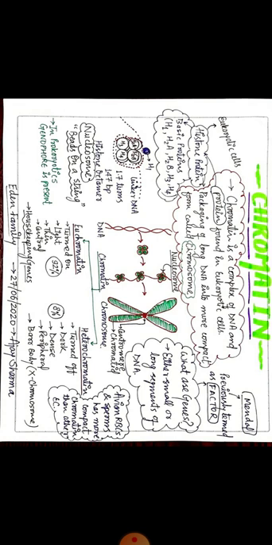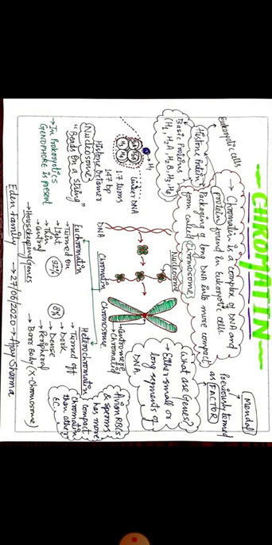Euchromatin is lightly stained chromatin. If we stain the chromatin, we need staining agents such as acetocarmine and hematoxylin. These chemicals could not stain this chromatin properly, that's why it looks very light in shade.